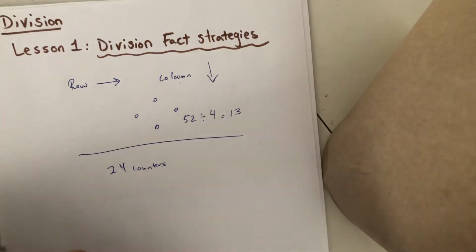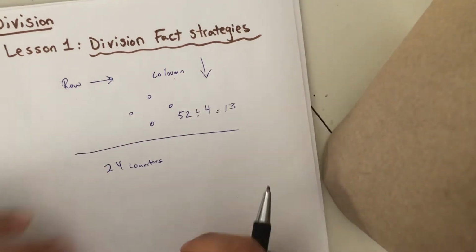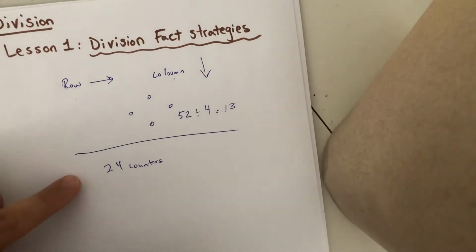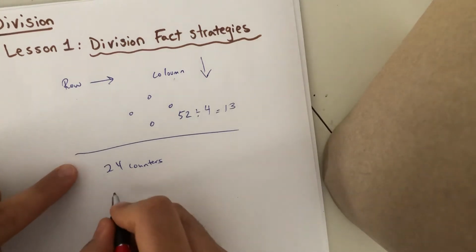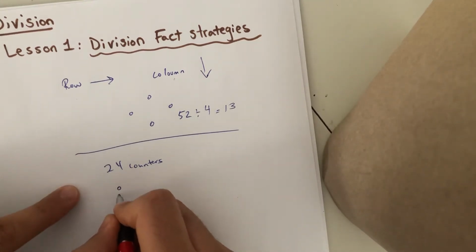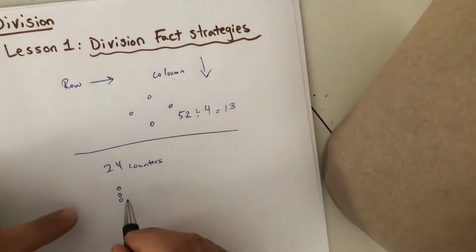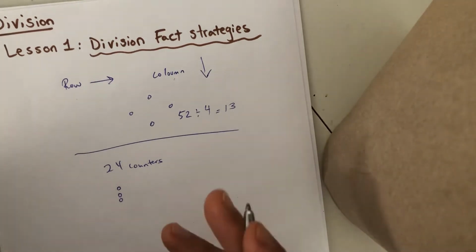We could do it in multiple different ways. So now we're going to use the row and column strategies. I'm going to start with 3 rows. I'm going to put my arrays 1, 2, 3. I've got my 3 rows, and now I need to fill up the columns until I get 24 counters.